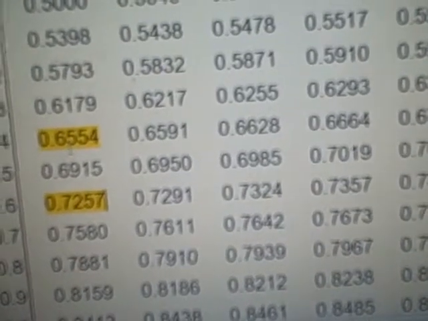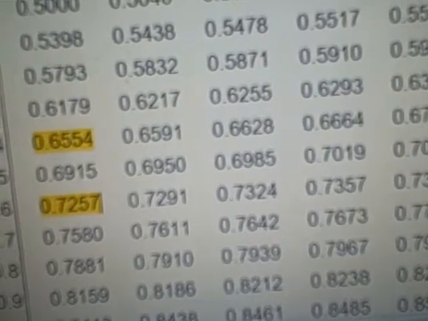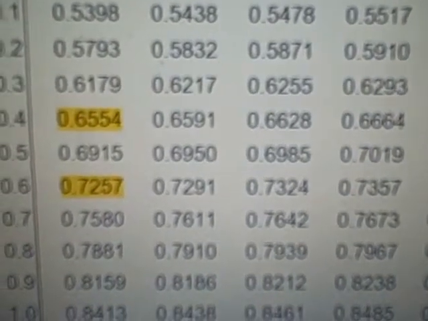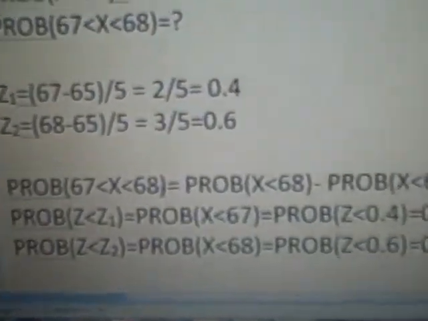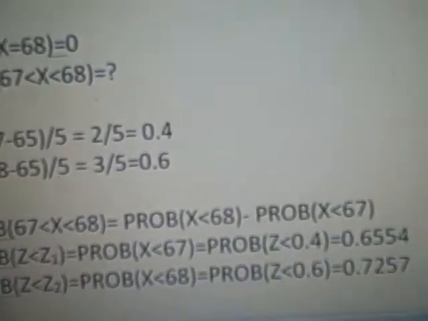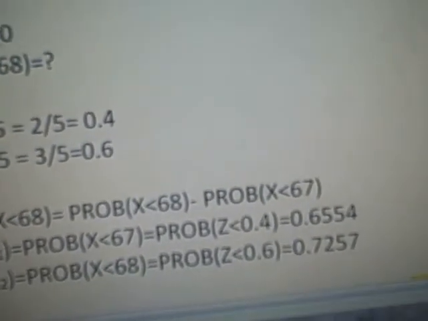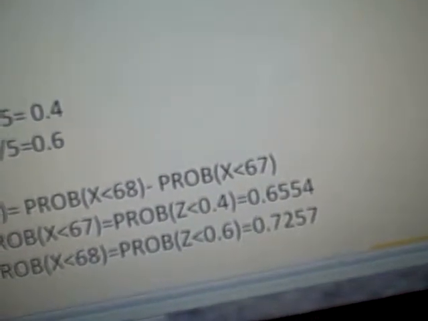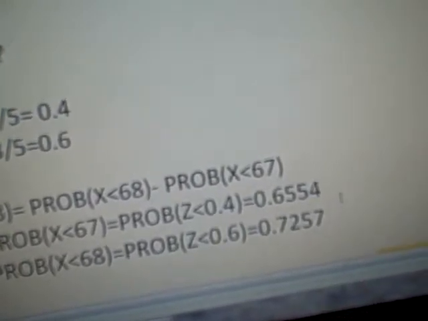And to get the area somewhere between 67 and 68 inches, we just subtract those two numbers. So let's go back to our problem here. Probability that z is less than 0.4 is 0.6554. Probability z is less than z2, or less than 68 inches, is 0.7257.